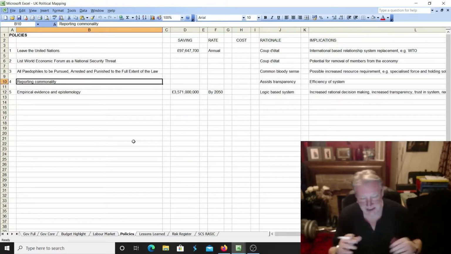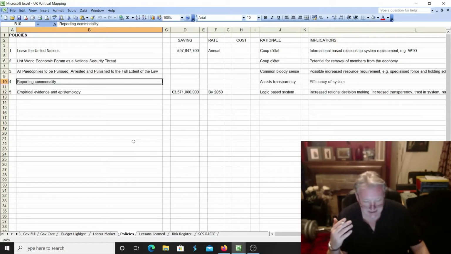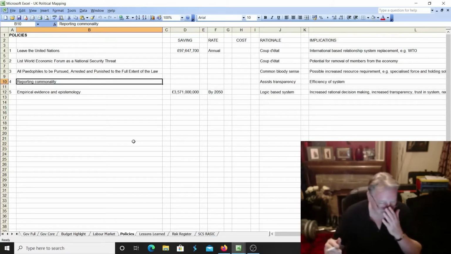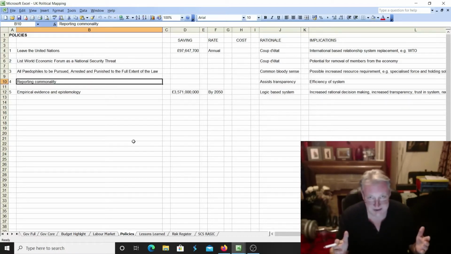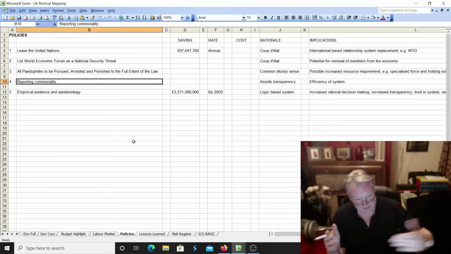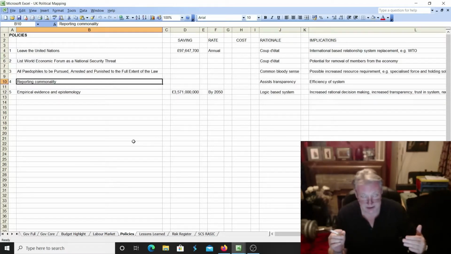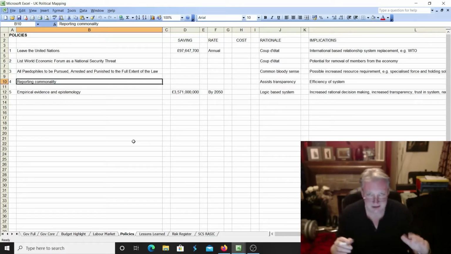There isn't that commonality there, and so as I've put down in the rationale and the implications, if everybody has a standard format, because even if you're not operating on the same basis, so if you're getting levels of revenue that are coming in that other departments and other agencies don't have, it doesn't matter, it's just another listing within it. There should still be that common format so that people can see clearly exactly what's going on.